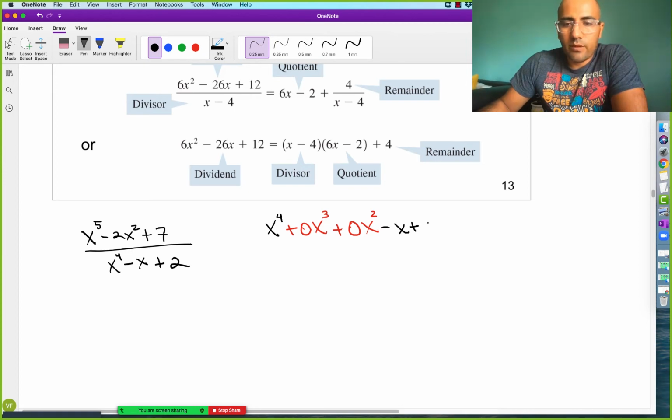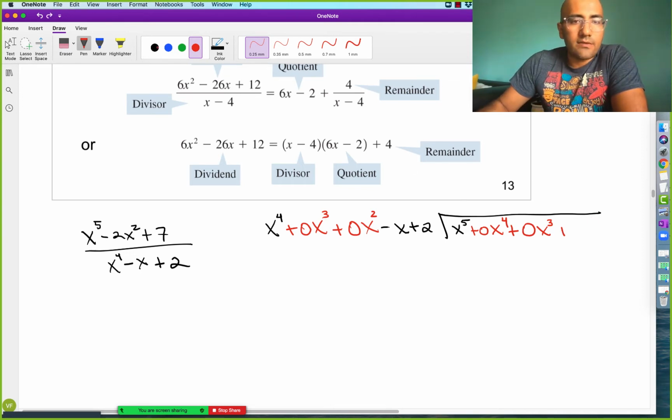Minus x plus 2. And then that divides into, and then I have an x to the fifth power. And I'm missing an x to the fourth power, so I have to insert a plus 0x to the fourth power. Then I have a minus 2x to the third power.